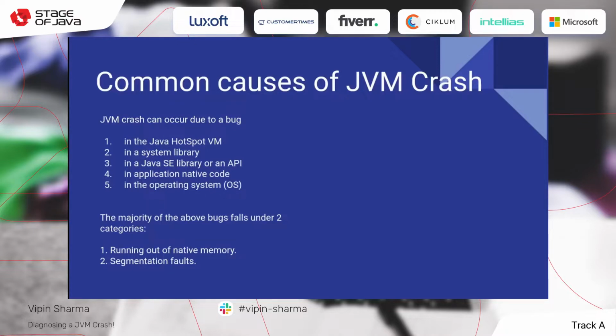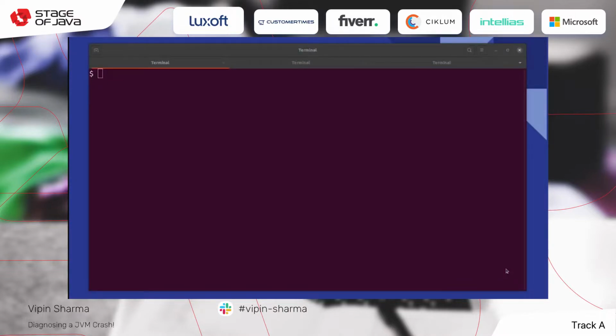First is running out of native memory, where native memory is exhausted and you don't have more memory to allocate. And the second one is segmentation fault. This is caused when a program is trying to read an illegal memory location. That means it is trying to read or write to a memory location which it does not have access to.